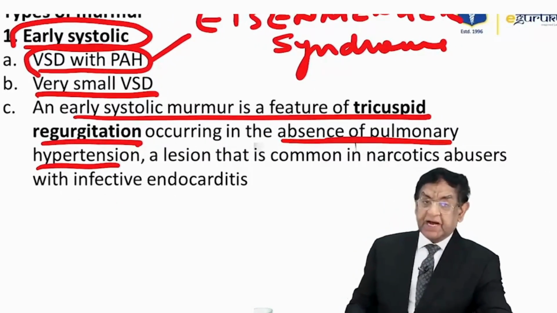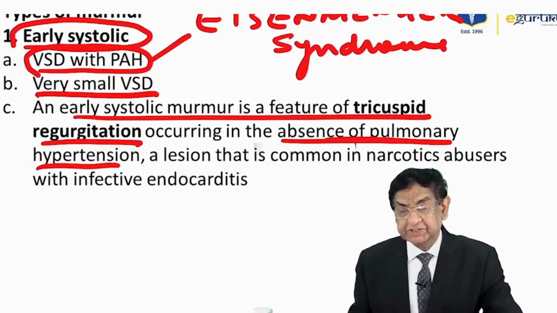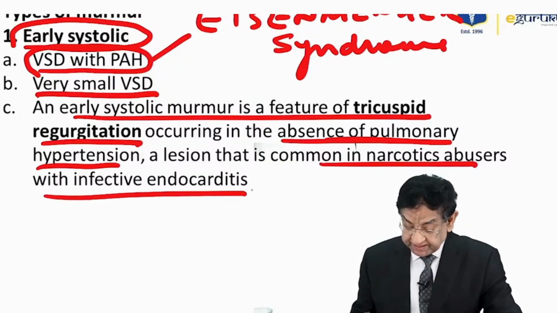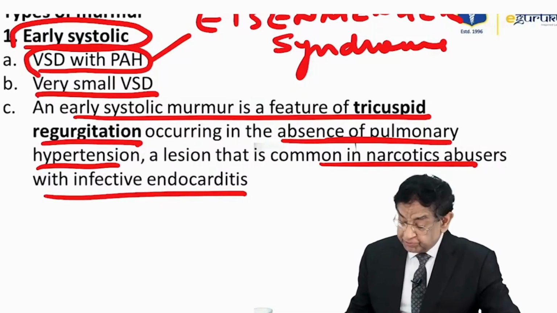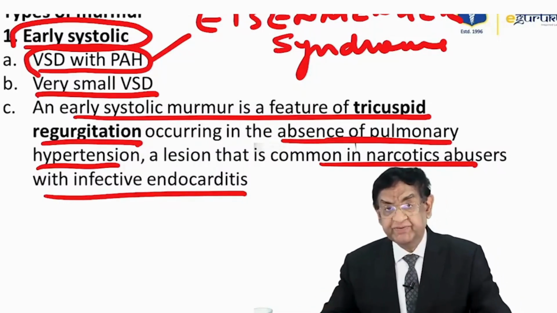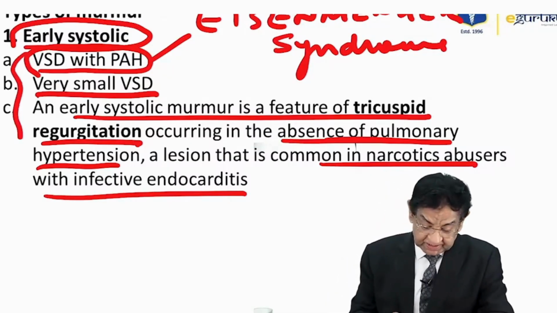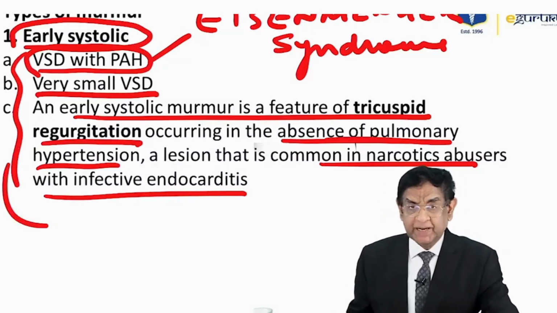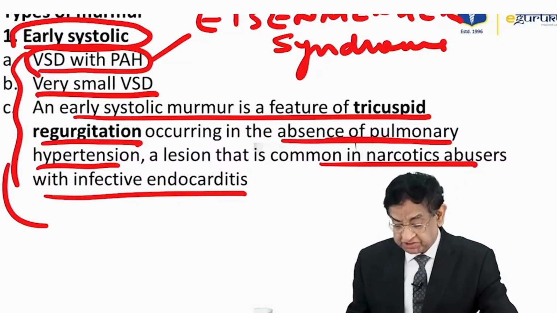There is TR, but there is no PAH, and it is seen in a drug abuser or narcotic abuser with infective endocarditis. Friends, these early systolic murmurs are the rank number 1, top-rank questions.